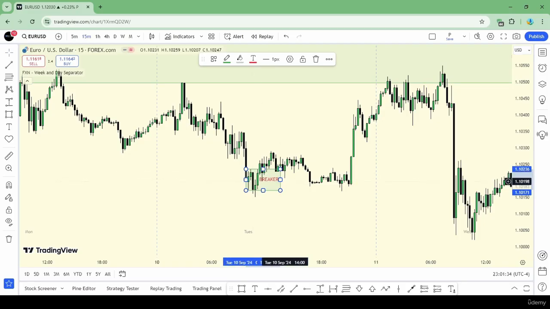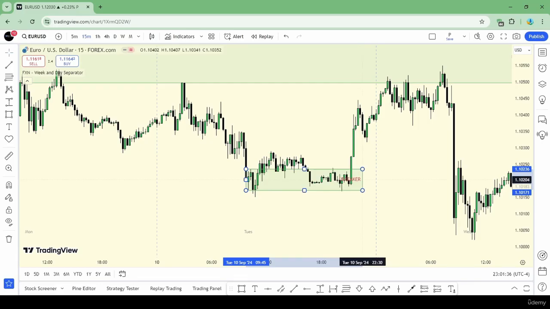So in this scenario we have these two breakers, and we outline them and extend them. When we extend, we get a retest during the Asian session. During this session, we can see that the market came a bit lower, almost hitting our stop loss.